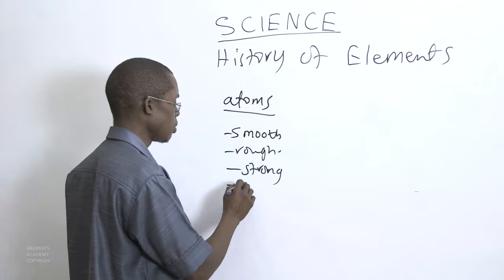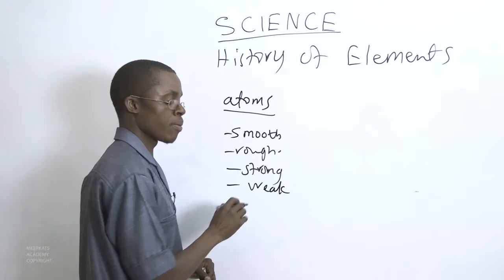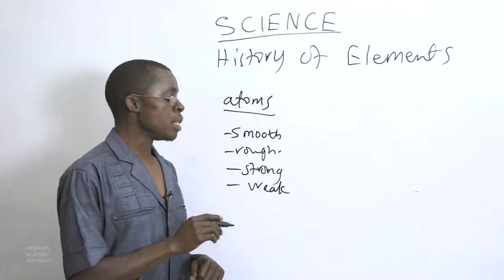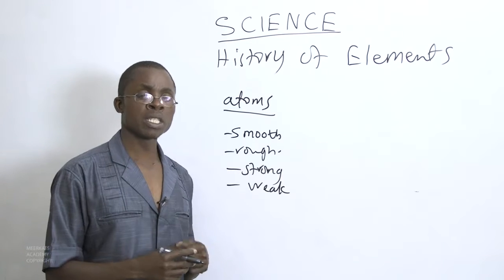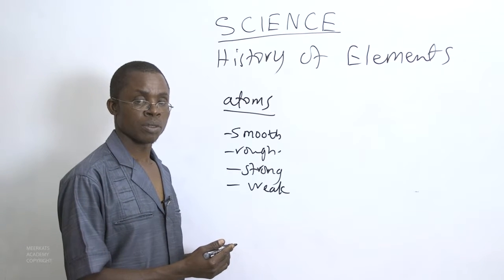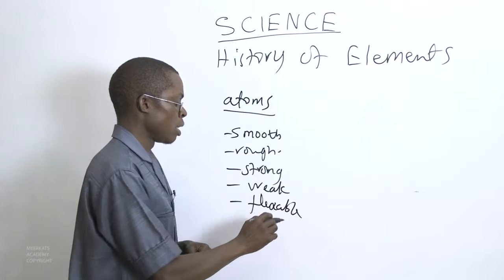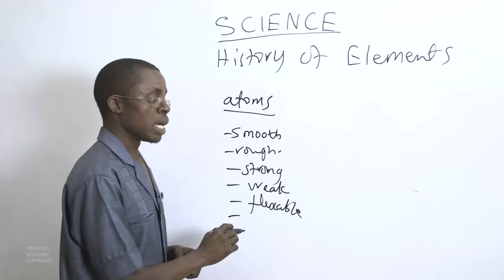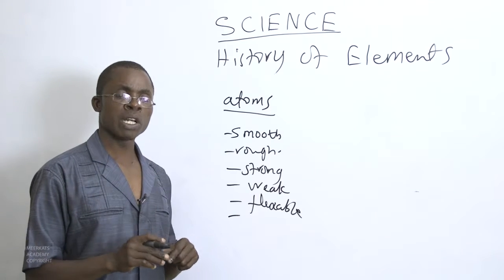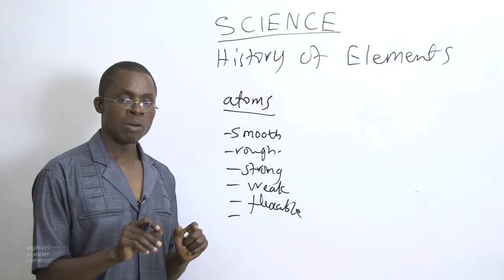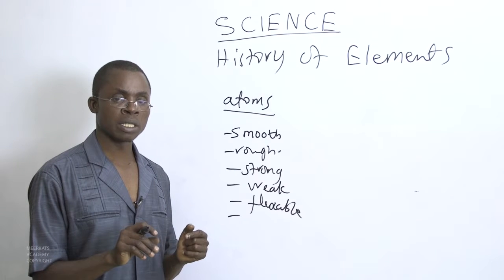There's one that is weak. There is one, not that it is weak, but is flexible. There is one that is rigid. It might not be very strong, but rigid. For it to bend, it can't bend, like glass.